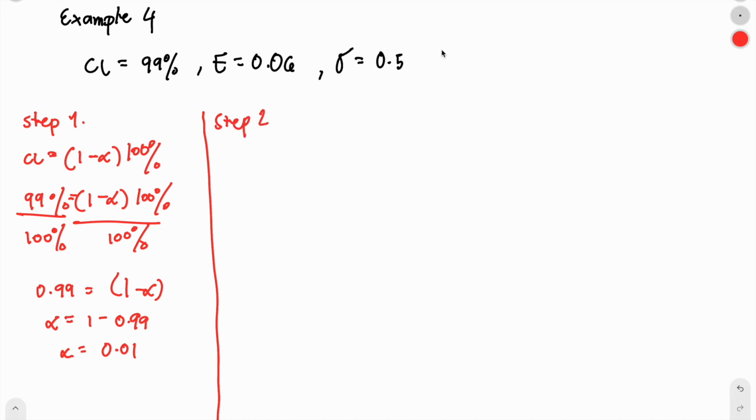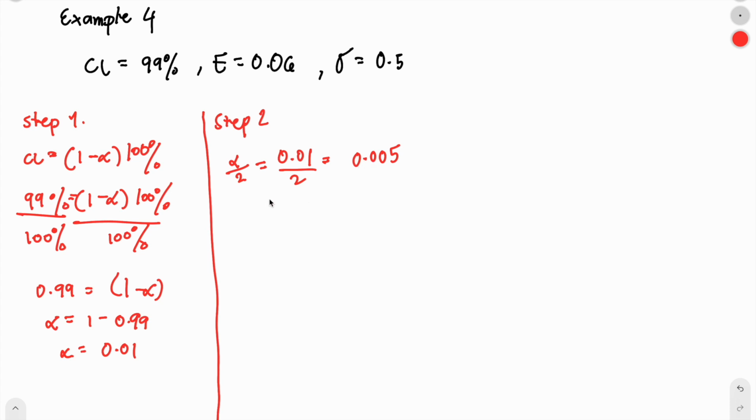Step 2, we need to calculate alpha over 2, which is 0.01 over 2, and that is 0.005. And we assume here that it is normally distributed.